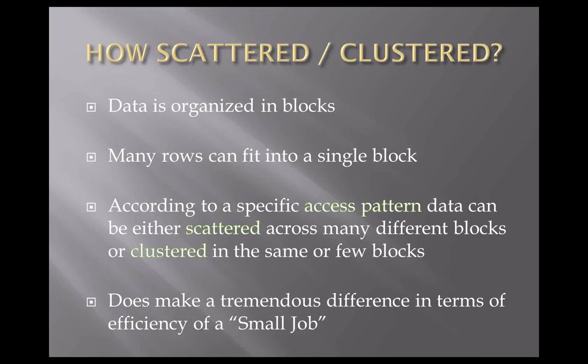You have to think about that the data is organized in blocks in the database. So many rows can fit into a single block. Therefore, depending on whether you have to access many different blocks for many different rows, or if the data is clustered in a few blocks, can make a tremendous difference in terms of efficiency of the small chop approach.